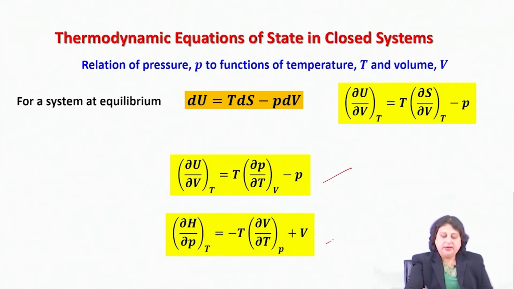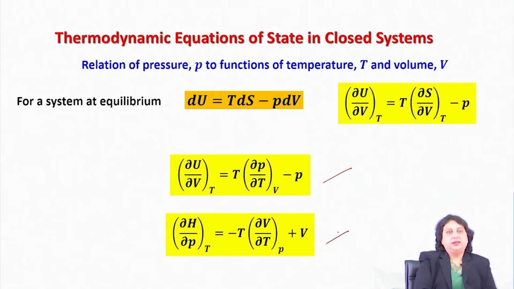Or you can rewrite the fundamental equation like this for H, so that all the quantities which appear on the left hand side involve pressure, temperature and volume as the experimental quantities, which can be controlled in the laboratory environment very easily.